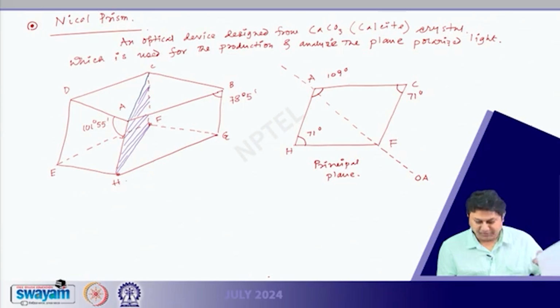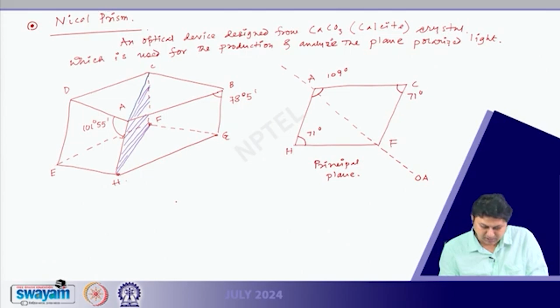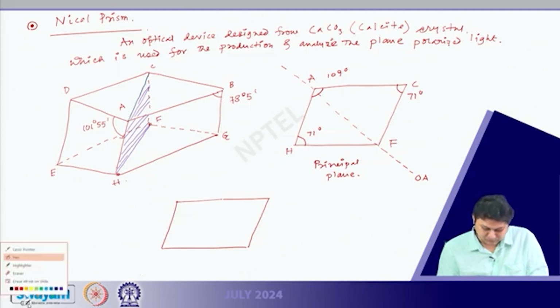Well, after having the principal plane, now what normally we do, we cut this plane at a particular angle, and that is in this way. So, this is the plane we are talking about. We essentially cut this plane.